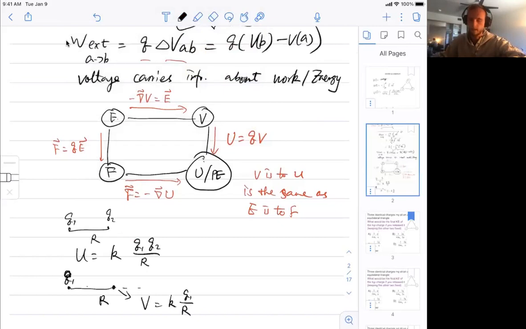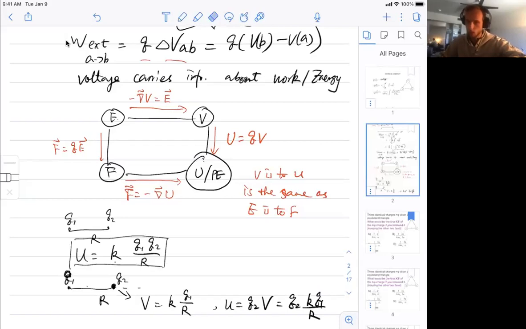Now if you bring a little Q2 into this potential, Q1 and Q2 are going to have some energy stored in them. That energy is Q2 times the potential at the location, V. So you get Q2 times K Q1 over R, which is K Q1 Q2 over R.